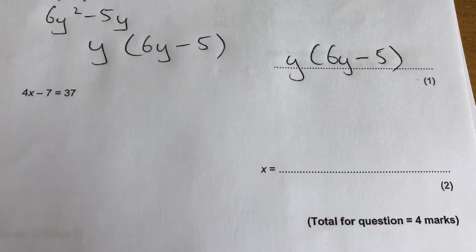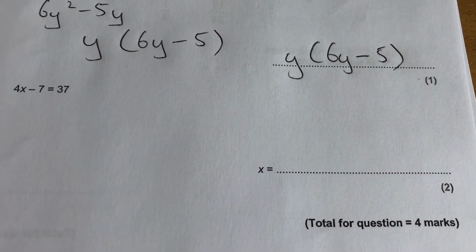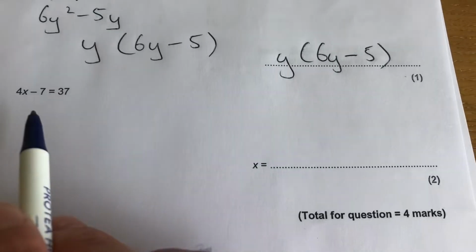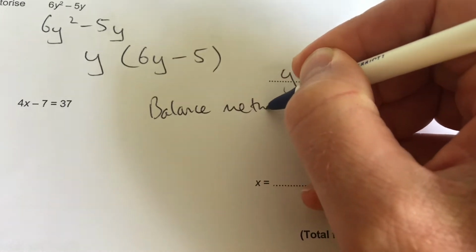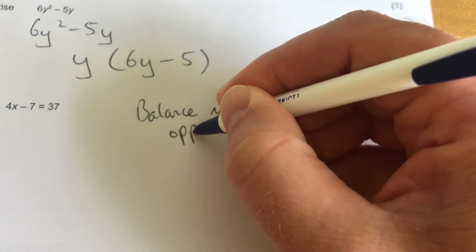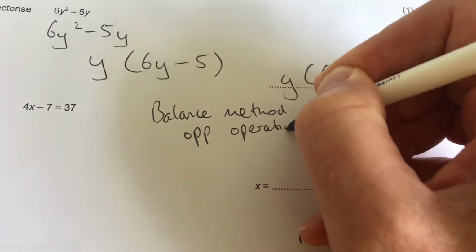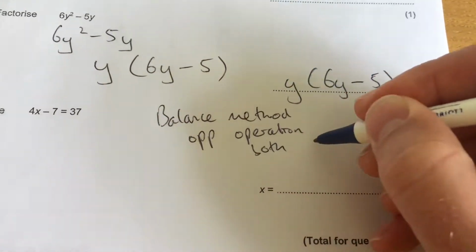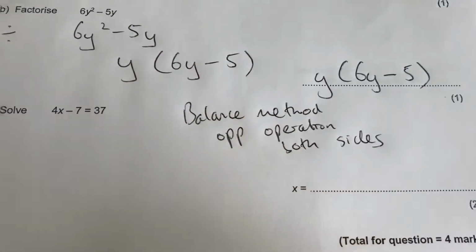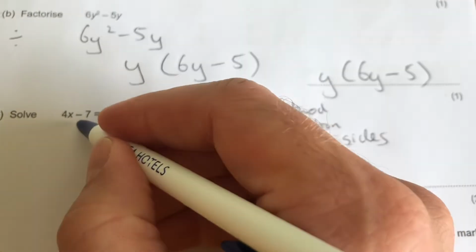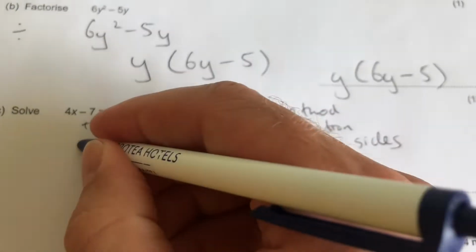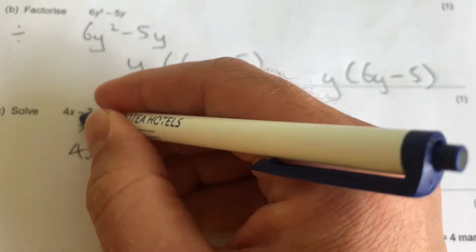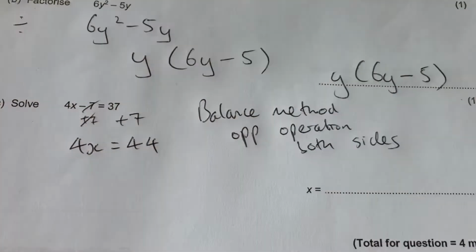Here's a 2 mark question. I'm happily spending time on 2 mark questions as well. Got to solve this, remember. If you remember the balance method, you do the opposite operation and must do it to both sides. So 4x minus 7, what's opposite of minus 7? It's plus 7, so I add 7 to both sides. So we get 4x equal to, those cancel, 44.